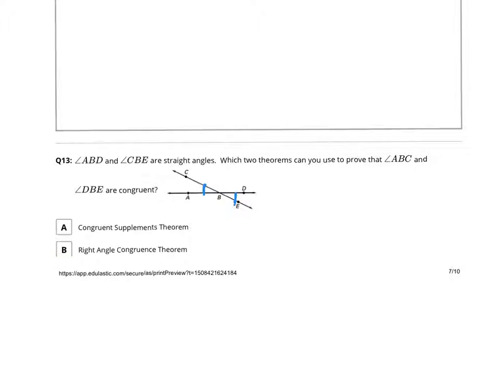So you want to make sure you flip back and take a look at these angles. They're made from intersecting lines. They're back to back from each other, and they are equal. Okay? So you got congruent supplements, meaning they add up to 180. Is it right angle congruence, meaning they're right angles? We're on the next page.